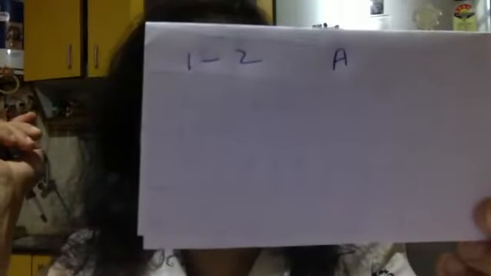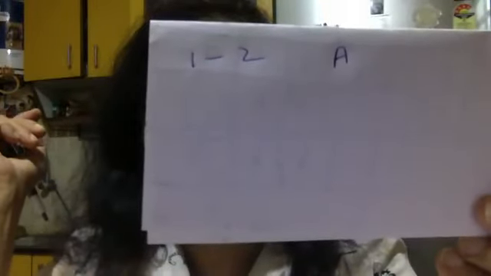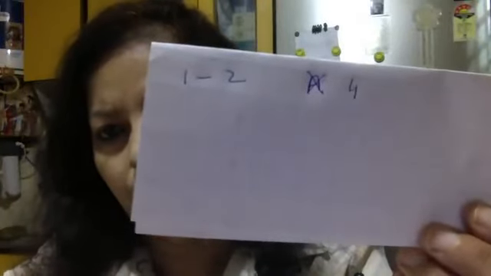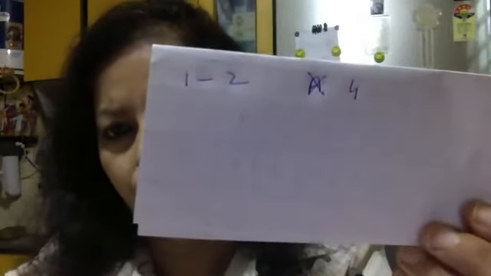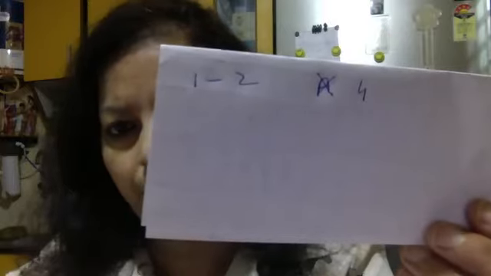And what do we have here? Activity A. Sometimes instead of activity A, it could be giving you 4. It could be 4 minutes, meaning the time taken from 1 to 2 is 4 minutes or 4 hours or 4 days, as the case may be.